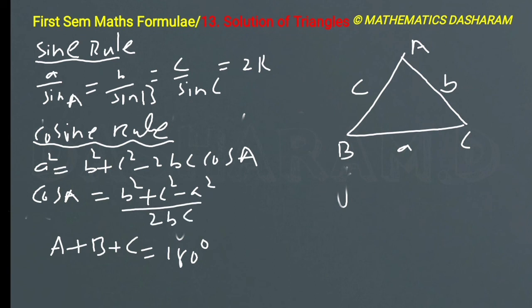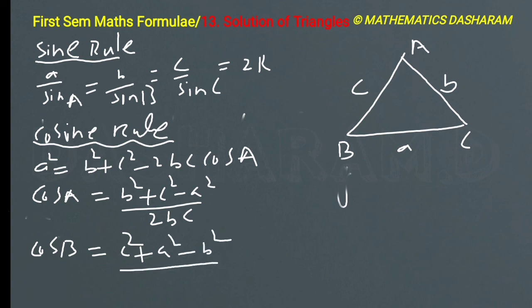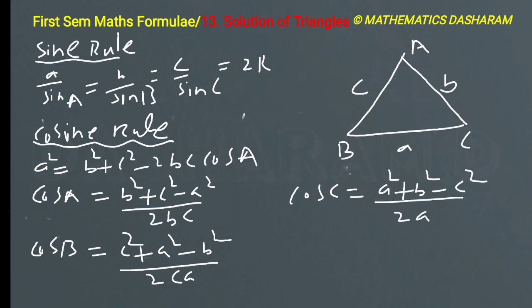Similarly, cos B equals (c squared plus a squared minus b squared) divided by 2 into c into a. And the third one is cos C equals (a squared plus b squared minus c squared) divided by 2 into a into b.